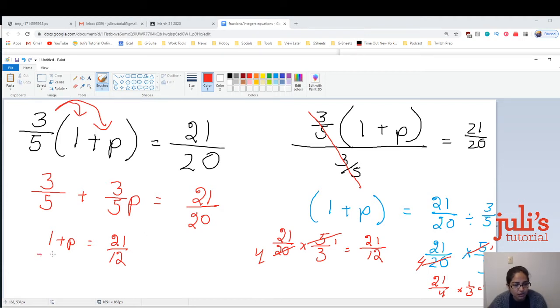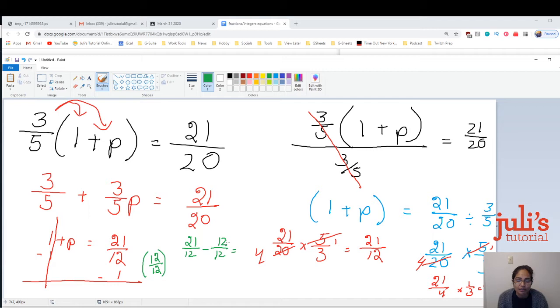I'm going to subtract 1 from both sides. This cancels out. If I'm going to subtract 1 from 21 over 12, and this is a 1 whole, there's something interesting we learned in our elementary school. 1 whole is always the denominator and the numerator the same. So let's just replace that with 12 over 12 so it's easier to subtract this now. 21 minus 12 now. That's it.